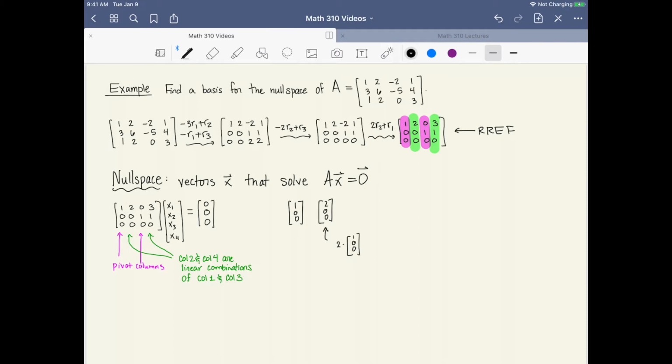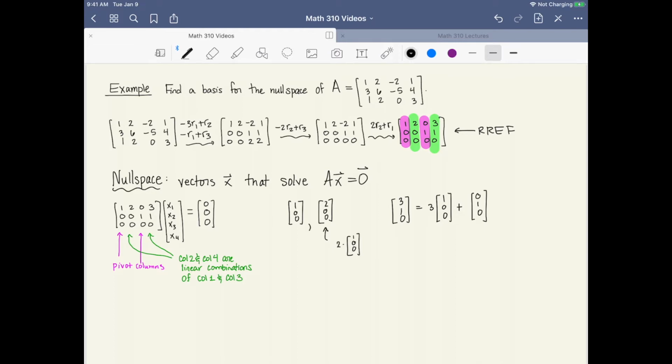And I can also do something similar for the last one. So if I look at the vector 3, 1, 0, this is the fourth column from my matrix. I can write this in terms of the previous vectors as well. This is equal to 3 scalar multiplied times 1, 0, 0, plus 1 scalar multiplied times 0, 1, 0. This gives me the combination 3, 1, 0.